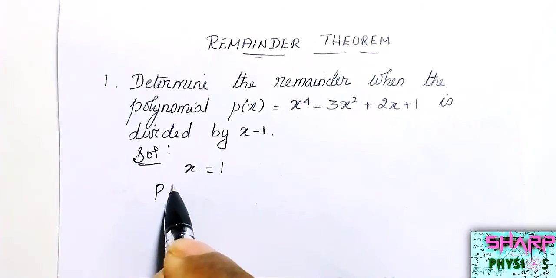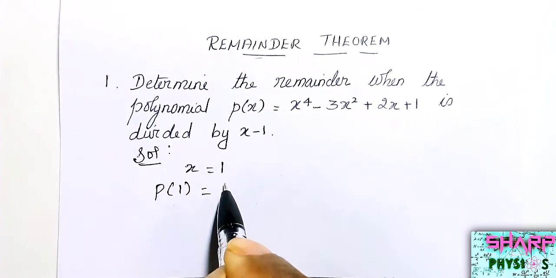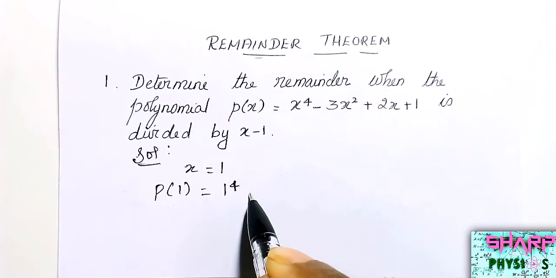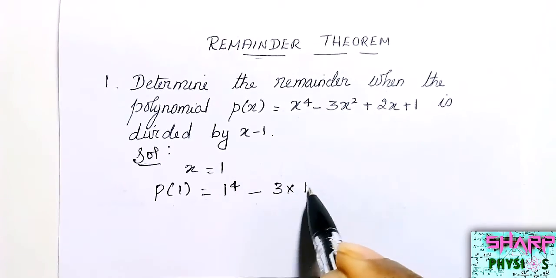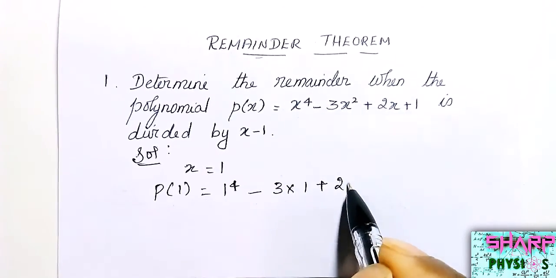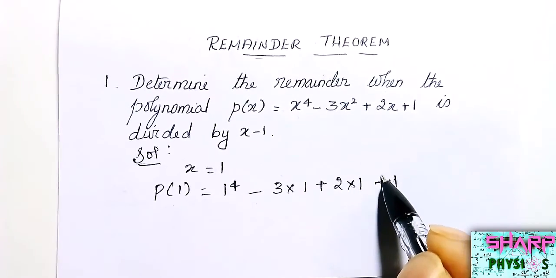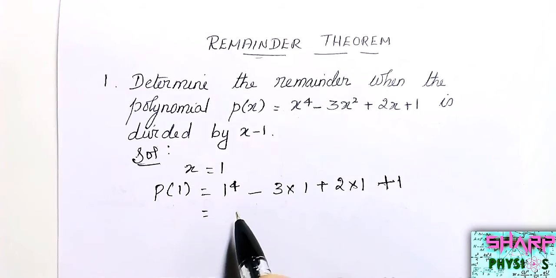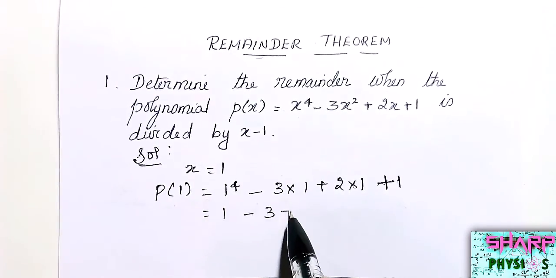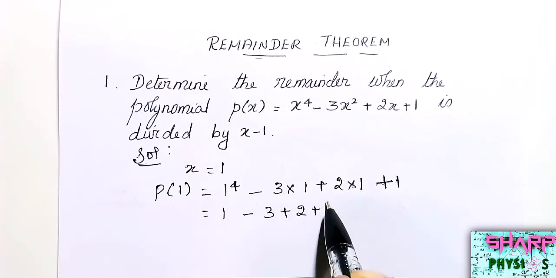So p of 1 is equal to 1 to the power 4 minus 3 into 1 plus 2 into 1 plus 1. So you get 1 minus 3 plus 2 plus 1.